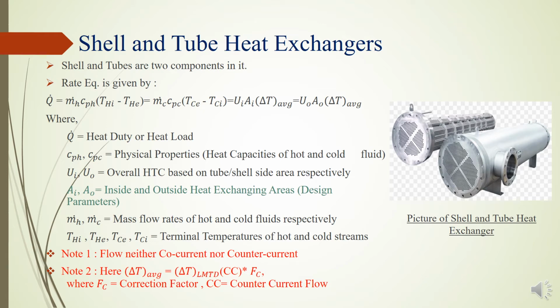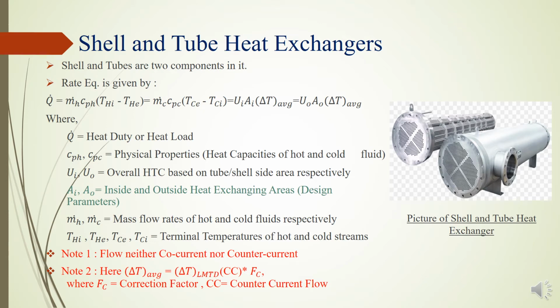So the rate equation for this heat exchanger is given by the expression that we saw earlier, that is, q dot, the heat duty, is equal to the mass flow rate of the hot stream multiplied by the heat capacity of the hot stream and the temperature difference of the hot stream between inlet and exit point, which is also equal to the heat gained by the cold stream.